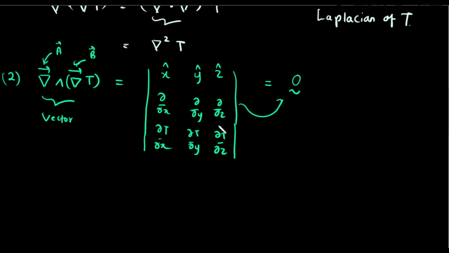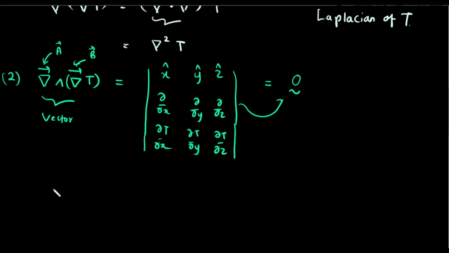When you find the x hat, y hat, and z hat, the coefficient is going to be 0. That is why we have a null vector here. So try to do this, and you will get the result as a null vector. This means that the curl of a gradient is always going to be 0.